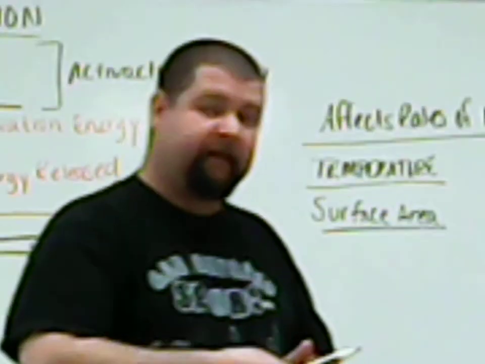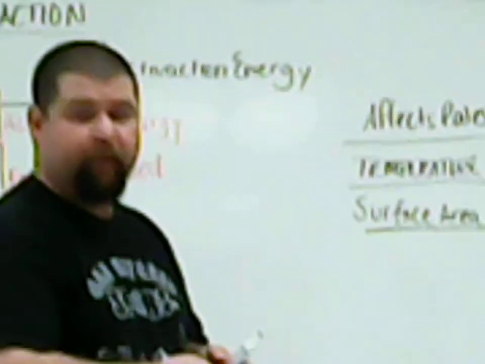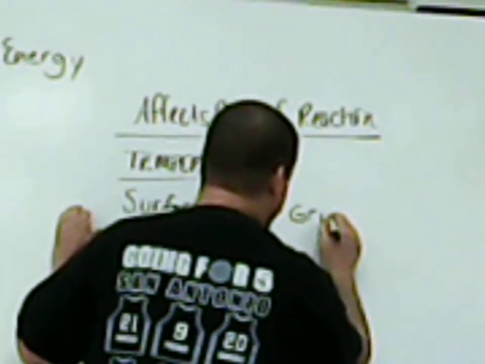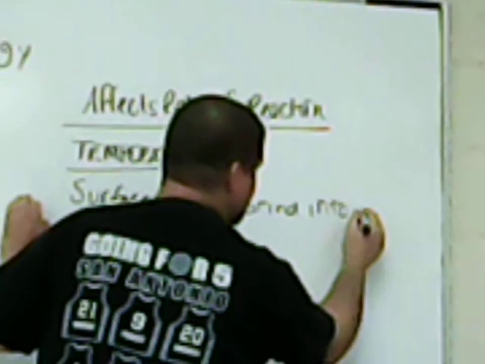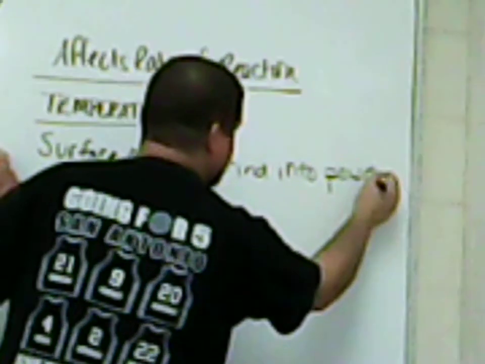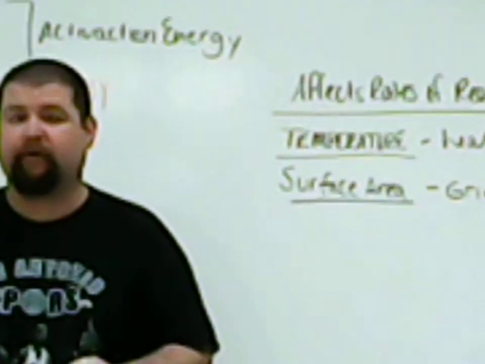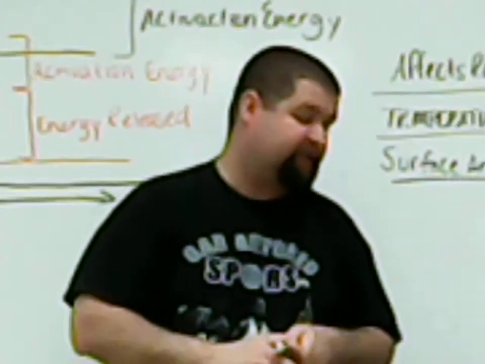One of the ways you can increase the surface area of a reactant is to grind it. So if you grind the reactants into a powder, that increases the surface area and therefore it speeds up the rate of reaction.